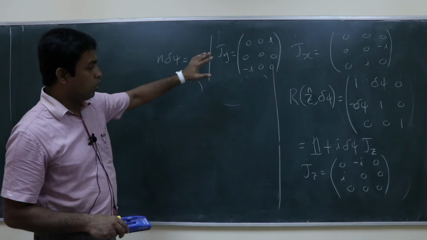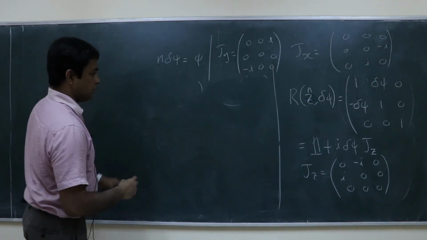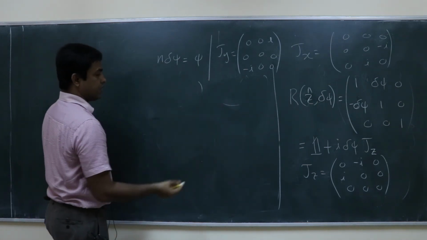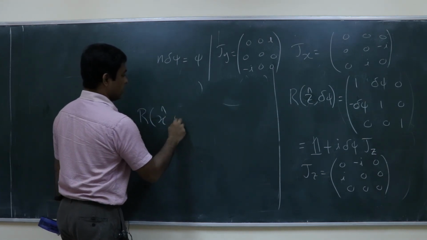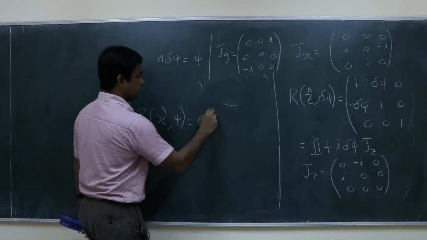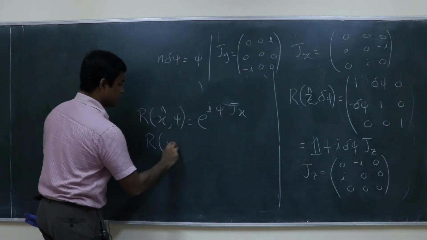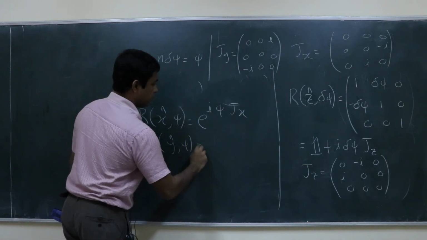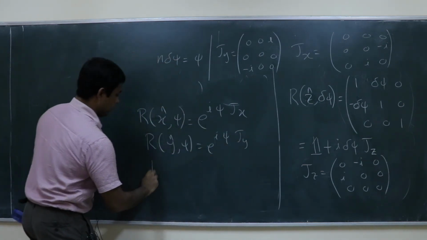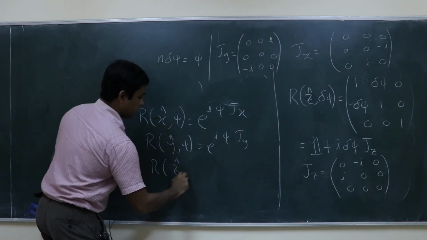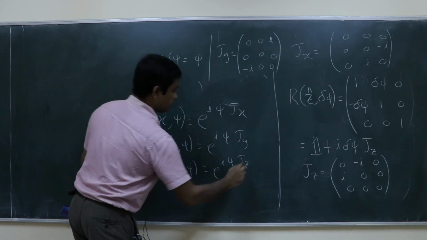So you already have these three generators, jx, jy, jz. Rotation about the x axis by an angle psi can be written as e power i psi jx, rotation about the y axis by angle psi as e power i psi jy, and about z as e power i psi jz.